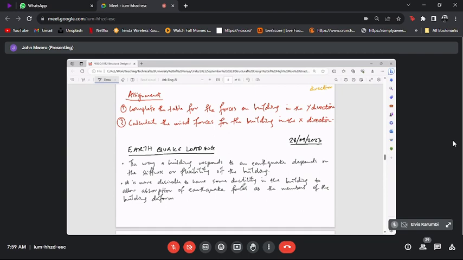So the buildings tend to dance in some pattern, and that dancing is dependent on the mass of the building and the stiffness of the building. So we can talk of the period of vibration of a structure.